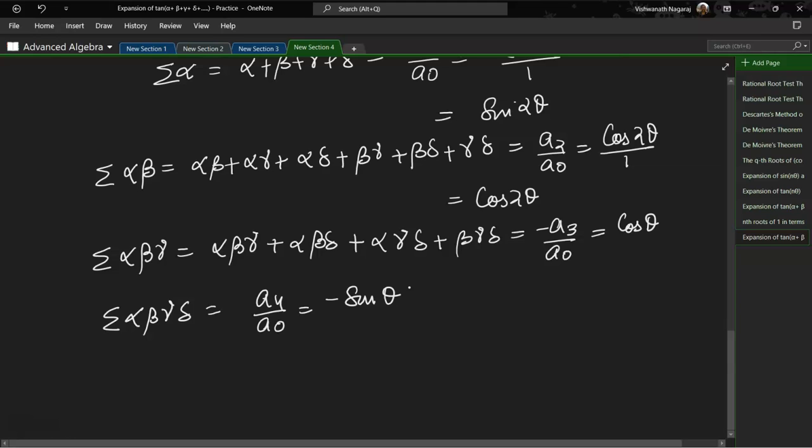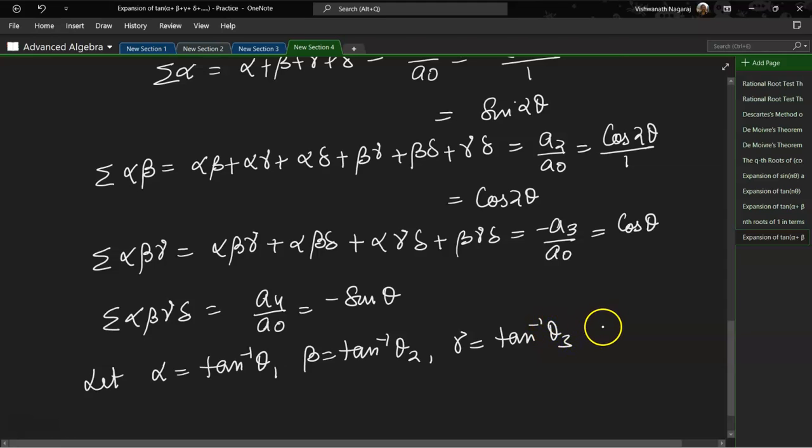Okay, now let alpha is equal to tan inverse of theta 1, beta is equal to tan inverse of theta 2, gamma is equal to tan inverse of theta 3, and finally delta is equal to tan inverse of theta 4.